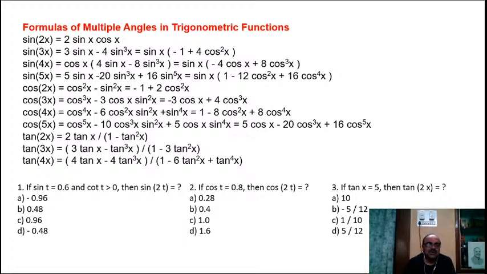Yeah, please go ahead. Sin t is given as 0.6 and cot t is greater than 0. What is sin 2t here? Sin t is given as 0.6. Cot t is greater than 0. What is sin 2t?